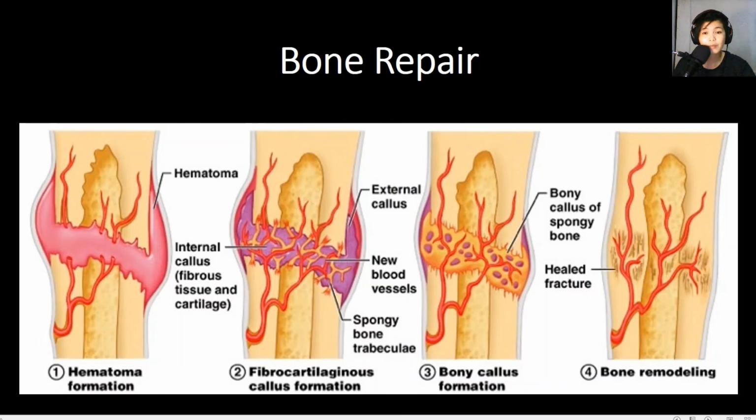Then lastly, the primary bone is remodeled as compact and cancellous bone in continuity with the adjacent uninjured areas, and fully functional vasculature is established. So it will take time. The process inside your bone is like this, but we have to cast it so that it will not distort the area where the bone was damaged.